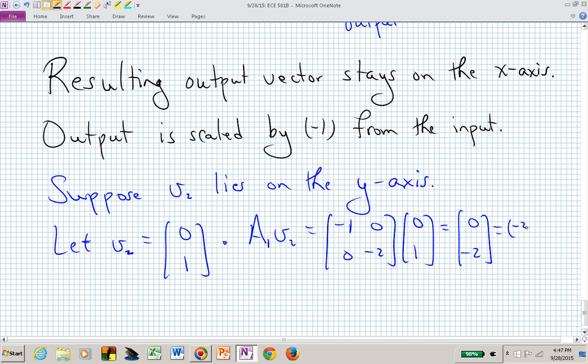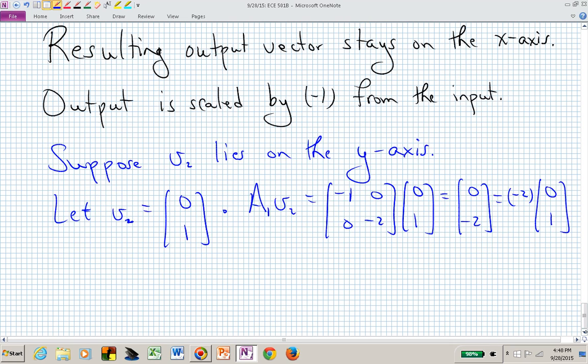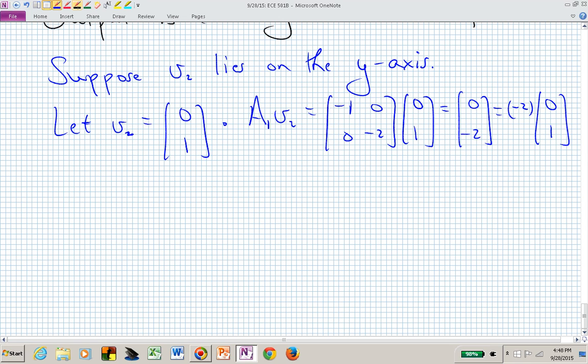But that's just minus 2 times where we started. In this case, our output vector is stuck on the y-axis. It didn't move, but it did get scaled.